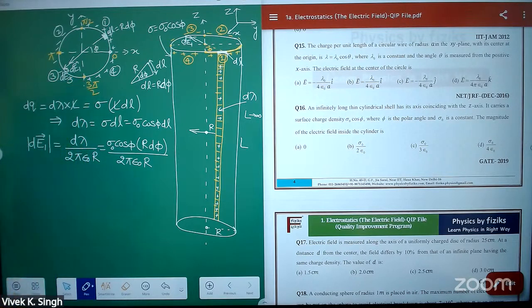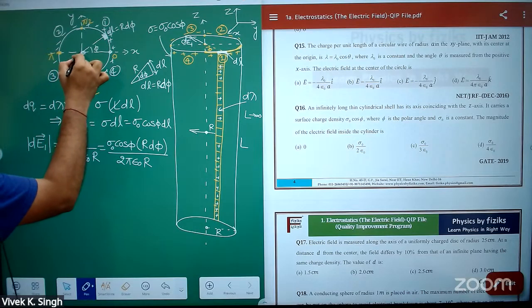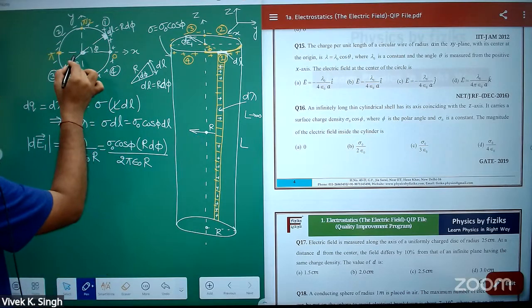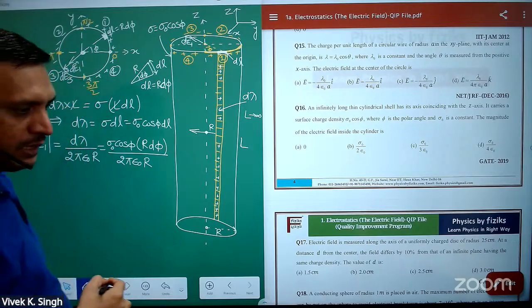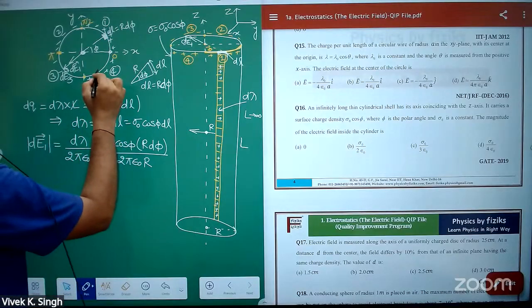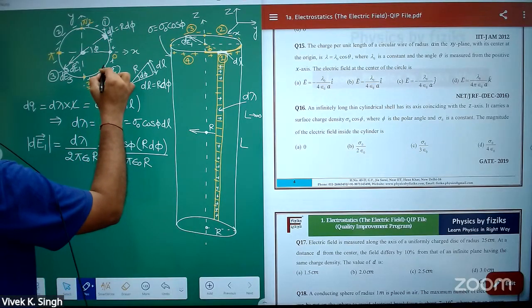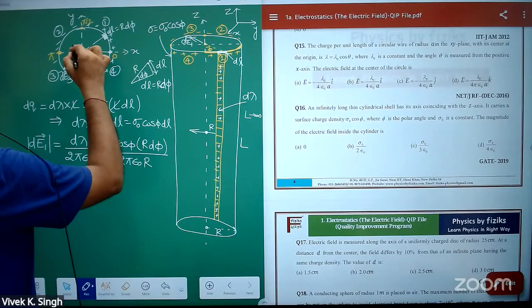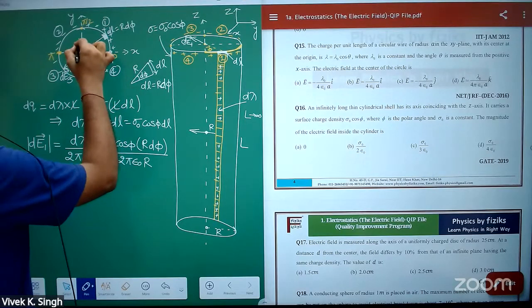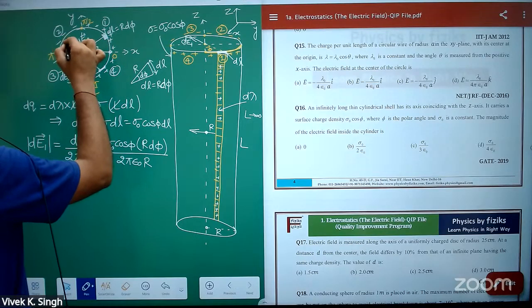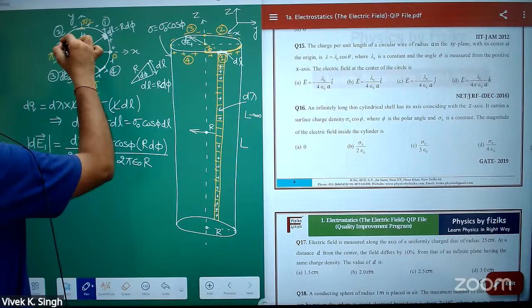At this point you are considering, so segment 1 will give you dE1, and dE3 will be in the same direction. Similarly, if you consider any segment here, the field will be dE4. And again, due to this segment, dE2.